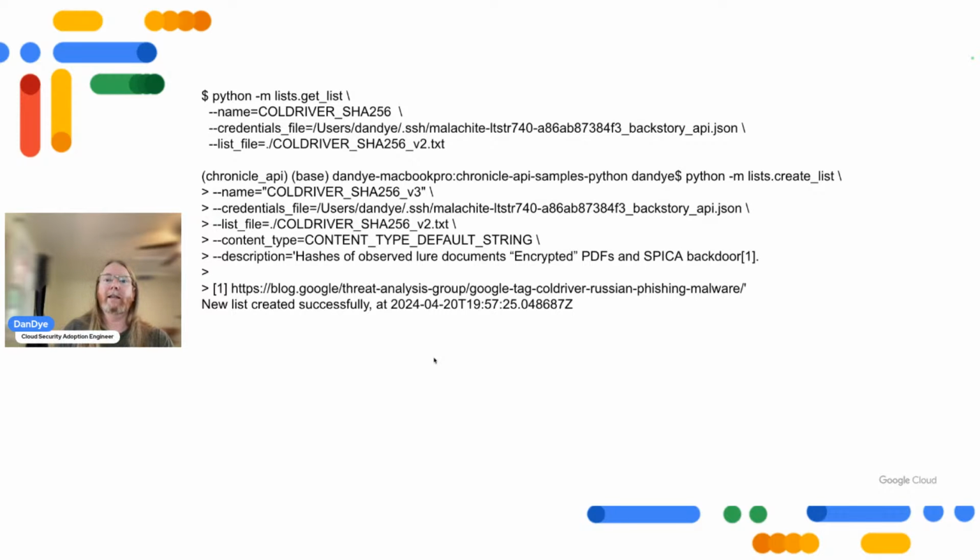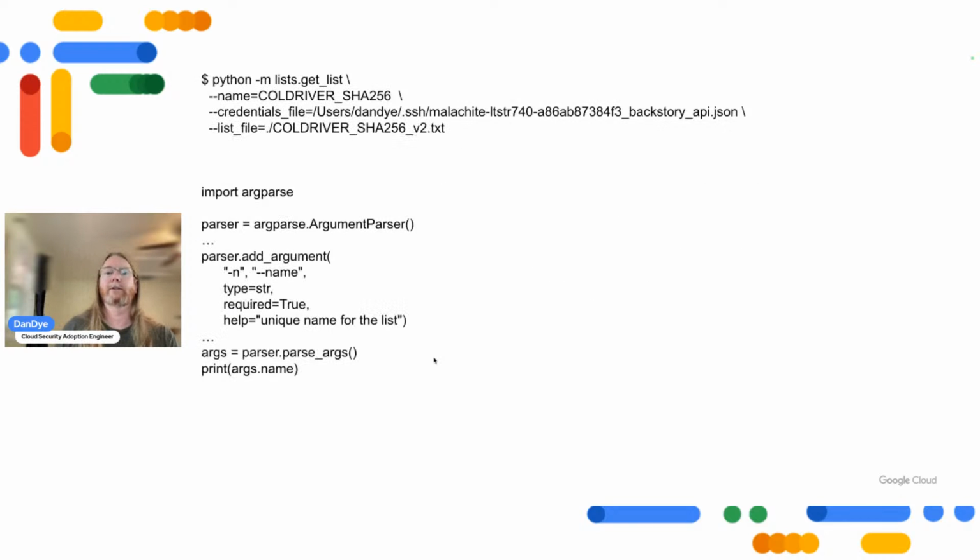The get list example follows --name, --credentials_file, and --list_file. It also has a couple of new parameters that we haven't seen: content type and description. So when you're creating, you need to supply those. When you're updating or getting, you don't need to supply those.